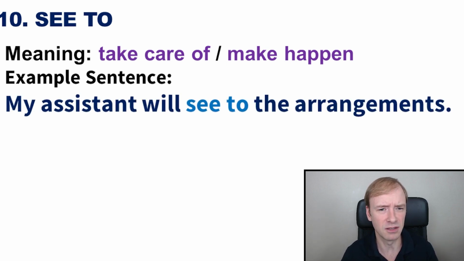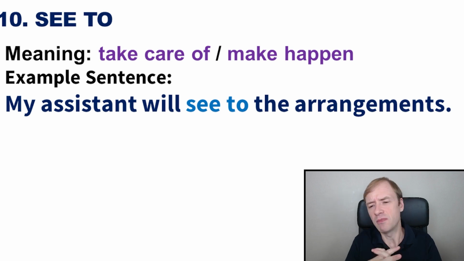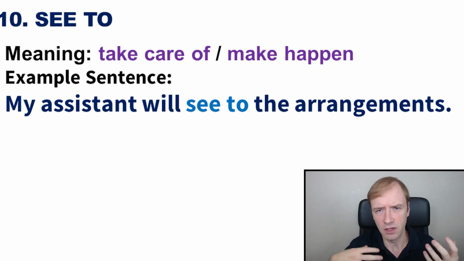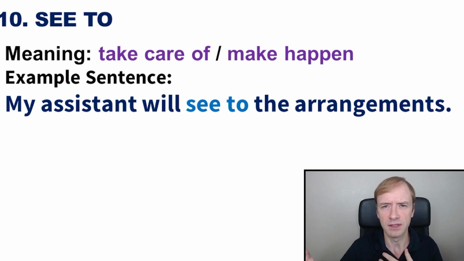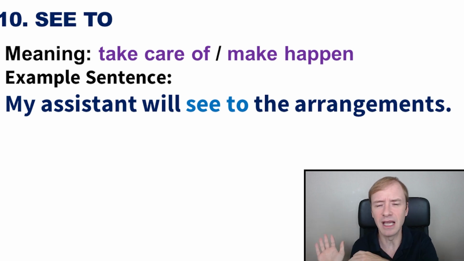And let's take a look at an example sentence here. My assistant will see to the arrangements. So maybe I am talking to, in business, some business supplier coming to visit my company, and they need to stay at a hotel.